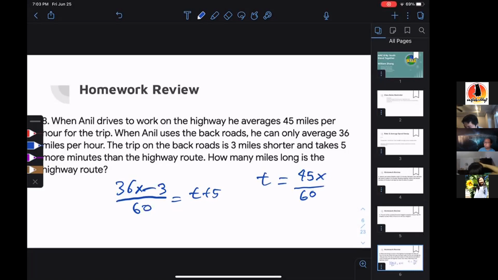So the first equation subtracted by the second, the equation is negative 9x minus 3. Wait.